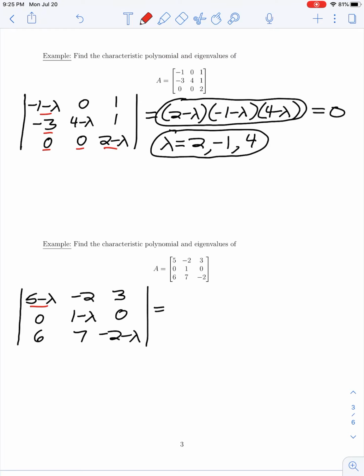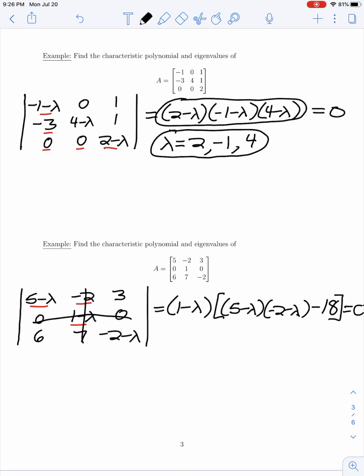So we start with a positive, negative, and then a positive 1 minus lambda, times the determinant of the 2 by 2 submatrix I get by deleting that row and column. So I would have 5 minus lambda times negative 2 minus lambda, minus the off diagonal, 3 times 6 is 18, and I'm setting this equal to 0.